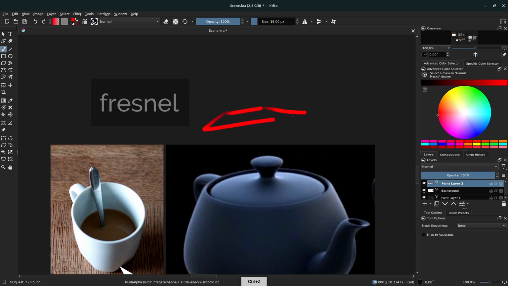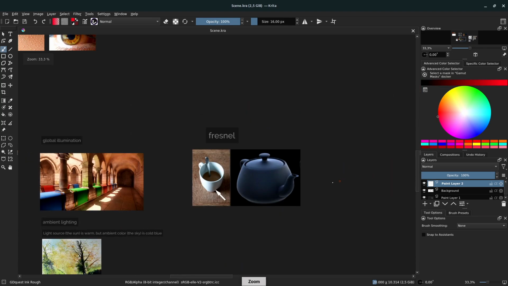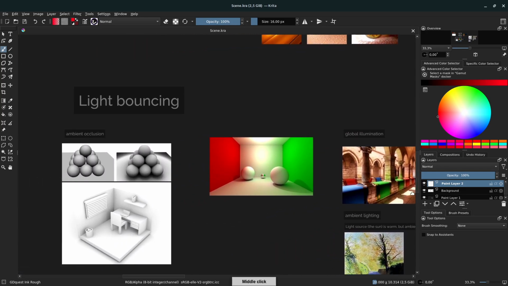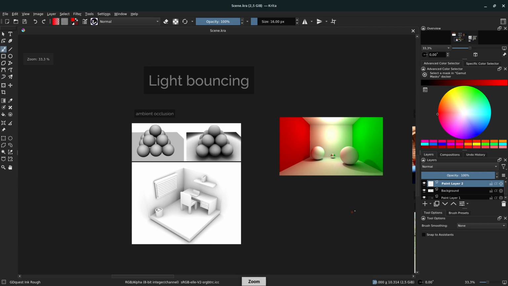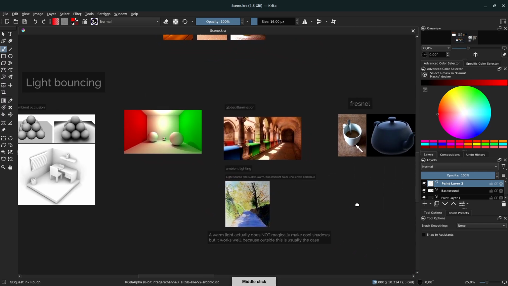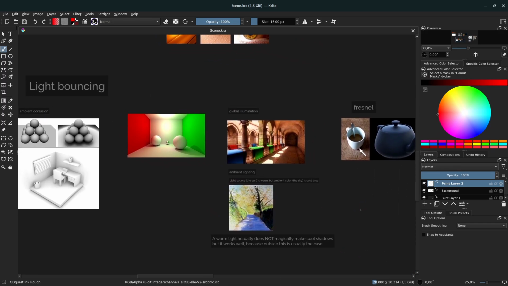You can kind of see the color of whatever is over there. Fresnel and most importantly ambient occlusion, doing these properly will level up your drawing. And if you are drawing in a stylized manner, it's still important, I think, to understand how the world and light works.